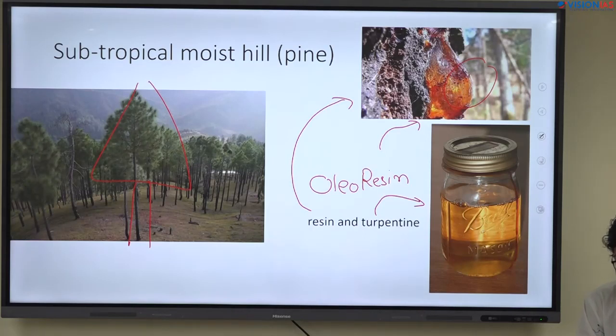Go to the map. Look at category number 10. Subtropical dry evergreen forest. Try to search this in the map. Can you find this? Look in Kashmir. A very small patch is given in Kashmir, subtropical dry evergreen. You saw that?